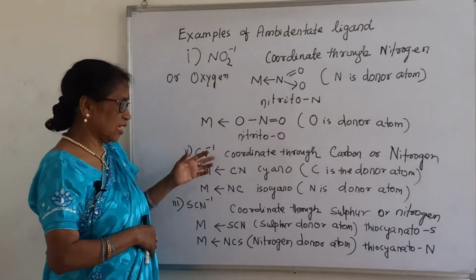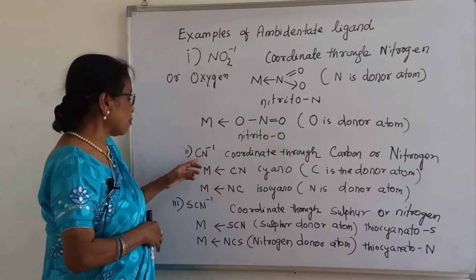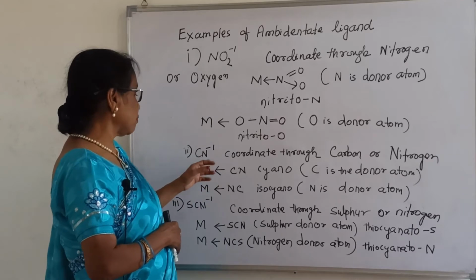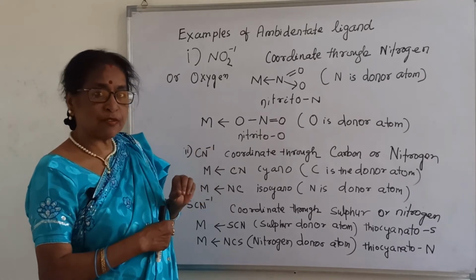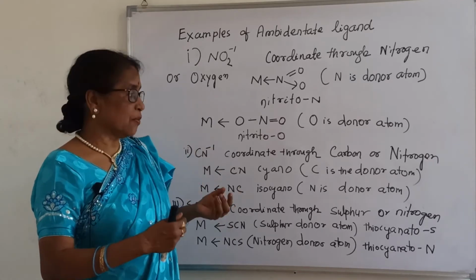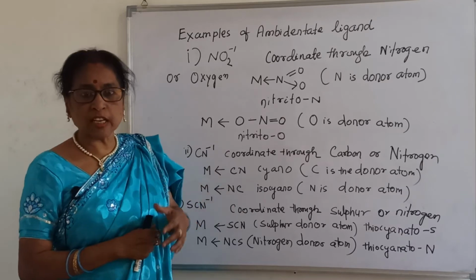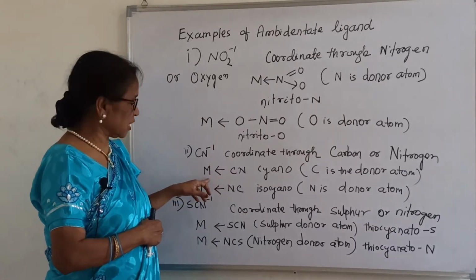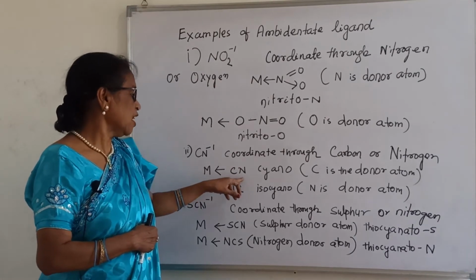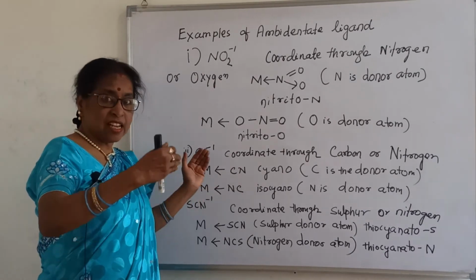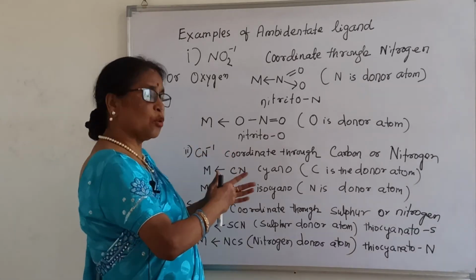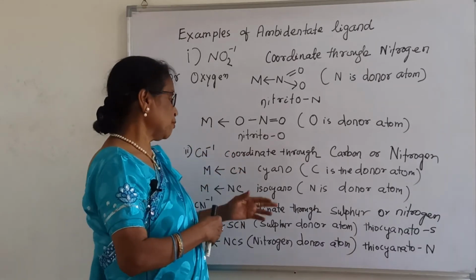CN minus also coordinates through carbon or nitrogen. If carbon is attached to the central metal atom, what is the name? If nitrogen is attached to the central atom, what is the name? See here, the arrow mark is towards the central metal atom and CN indicates C is towards the central metal atom, that means C is the donor atom. And the name is cyano.